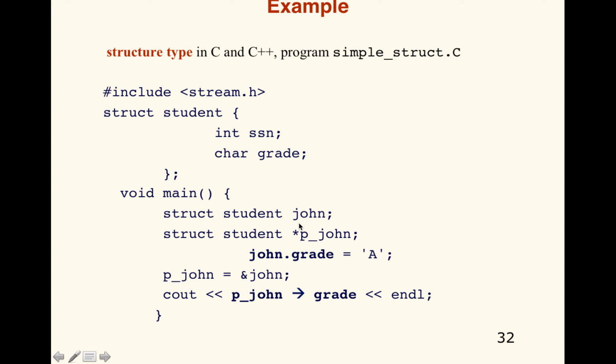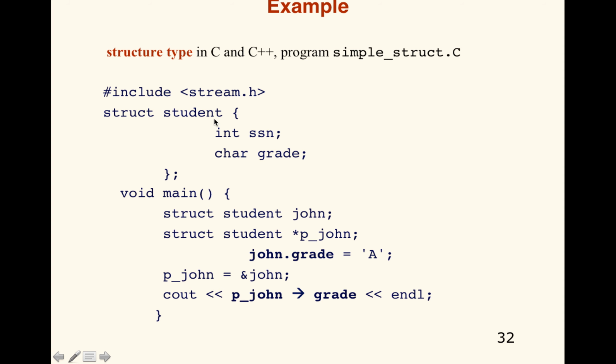So we have a pointer variable and a student. They're both student data types, but one's a pointer, one's not a pointer. And then for John.grade is equal to A, we use the dot for the non-pointer, and then we use the arrow for the pointer. So it's just showing you what the dot and what the arrow look like to set the grade. The grade is inside of the struct.